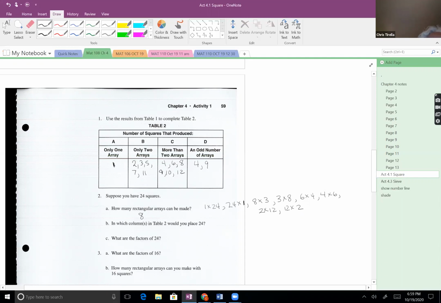So which column would it go in? A, B, C, or D? C. Now, what are the factors of 24?